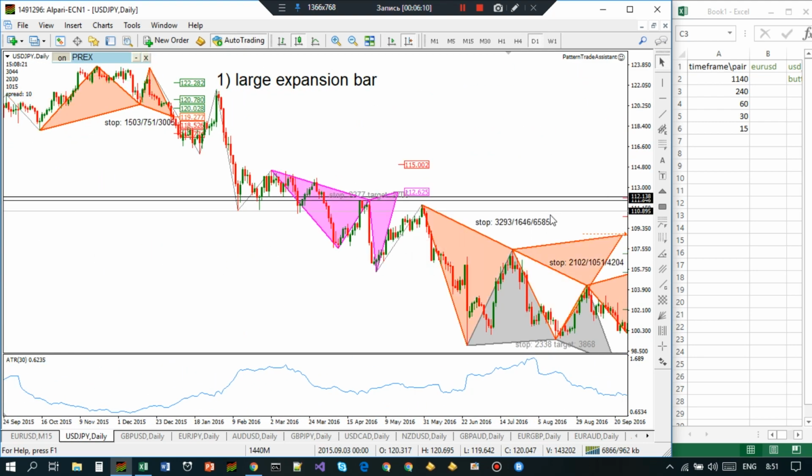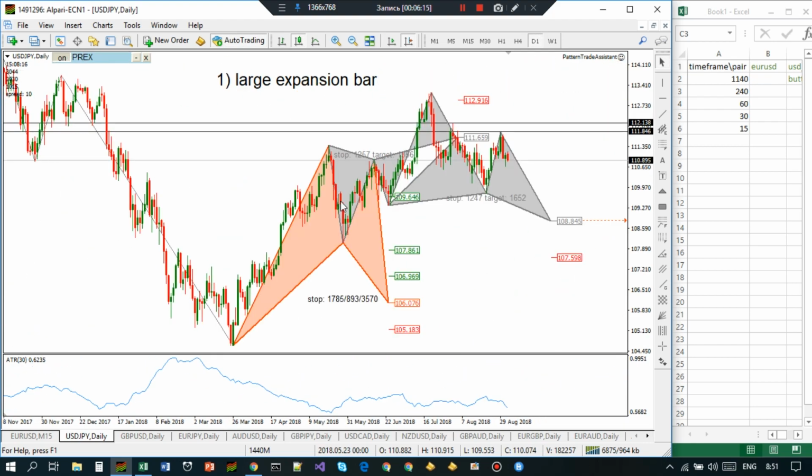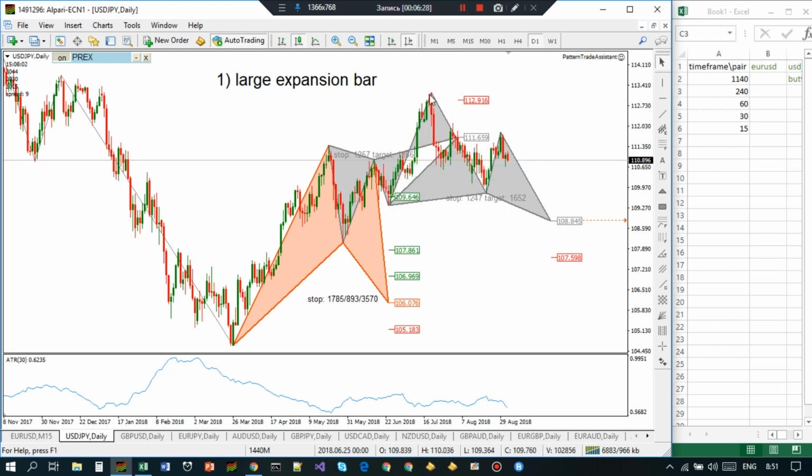This can be a very good method for finding support resistance levels. Simply look at these large expansion bars. There is also another method of finding these support resistance levels. It is simply the midpoint of a large expansion bar.